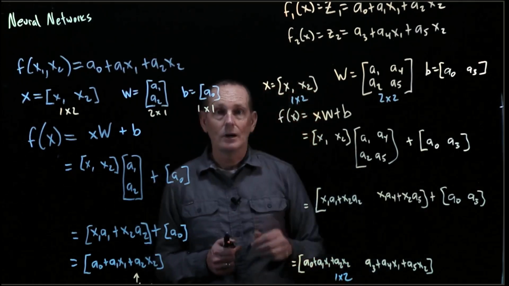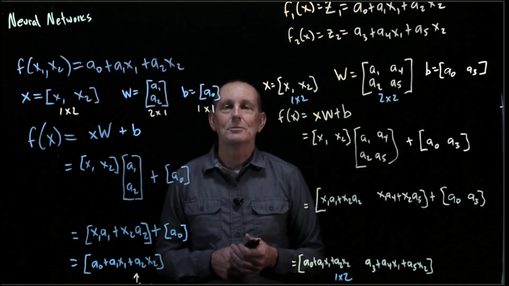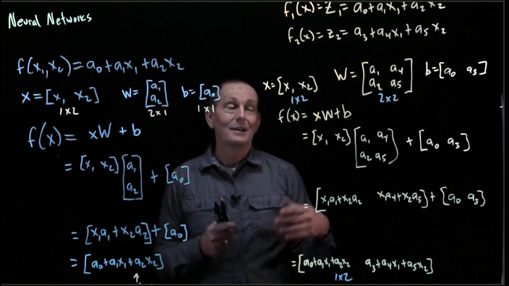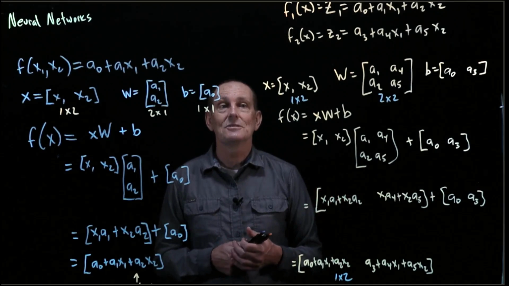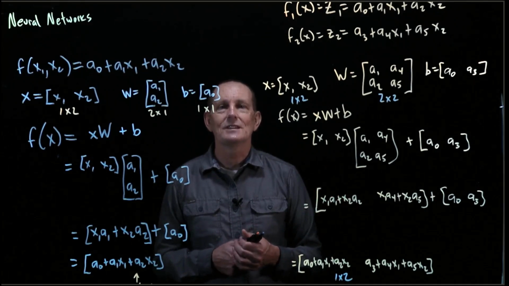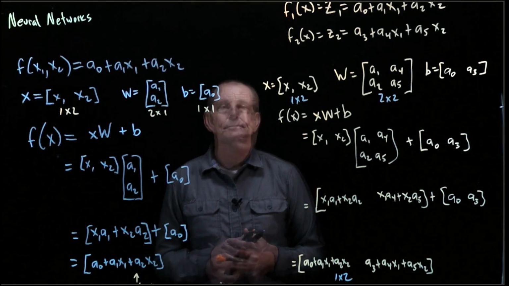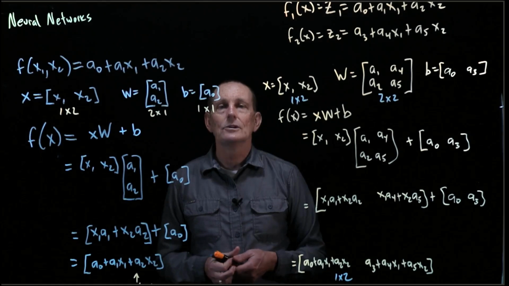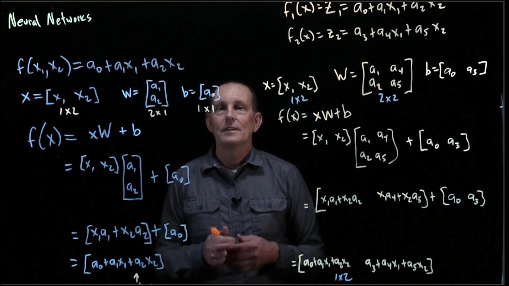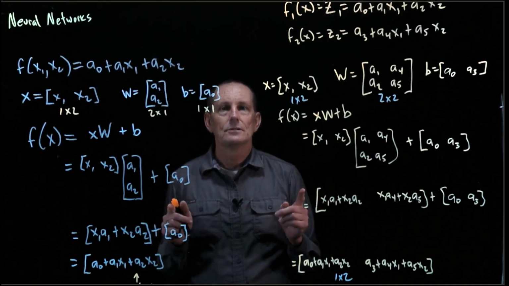So we don't need to know a lot about linear algebra for neural networks. Basically what we need to know how to do is multiply matrices and add matrices, and that's it. So we can now deal with functions that take multiple inputs, okay?